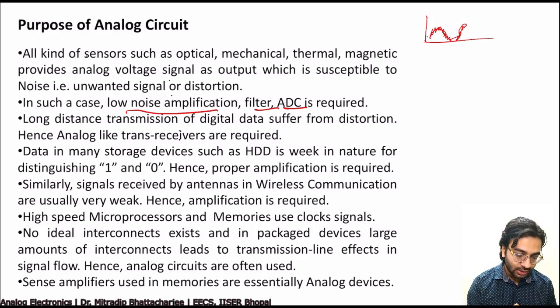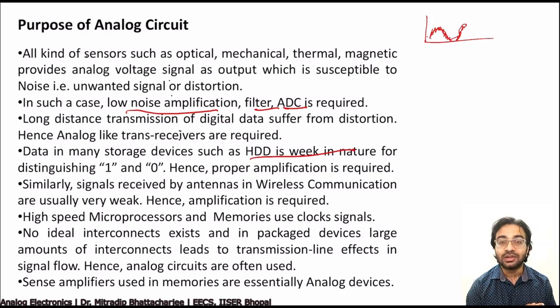Long distance transmission of digital data suffers from distortion, hence analog transceivers are required. I already have shown you one example of optical fiber, wherein the output signal is not the same as the input one. In fact, it is highly distorted. So you need an analog circuit to retrieve that data back from this output signal. Then data in many storage devices like HDD is weak in nature.